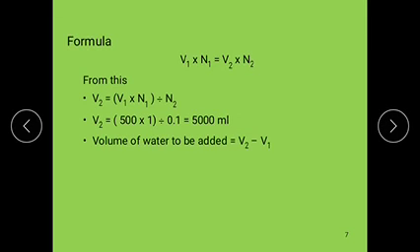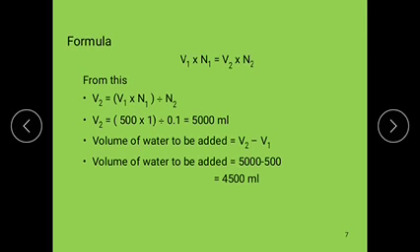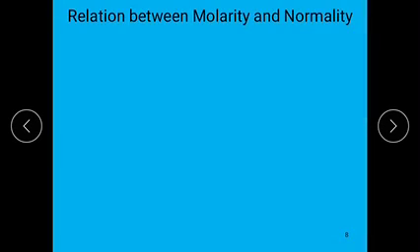At 0.1 normal, that solution volume is 500 ml, then the volume of water added to this solution is V2 minus V1, that is 5000 minus 500, so the volume of water added is 4500 ml or 4.5 liters.